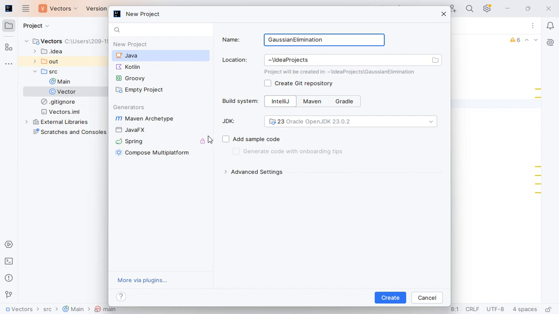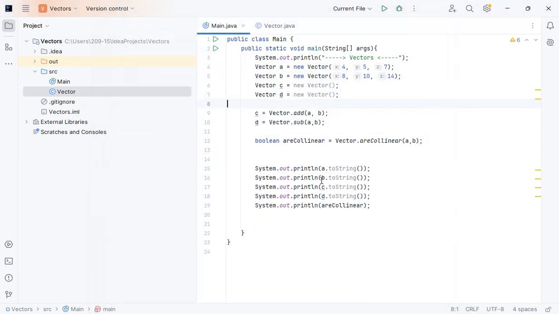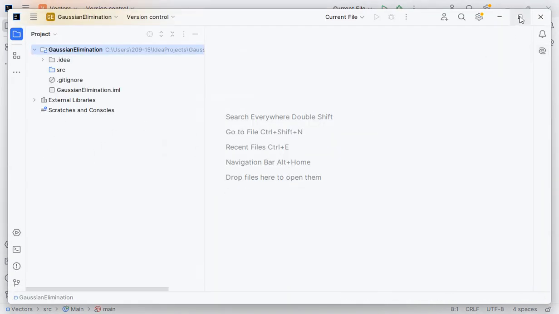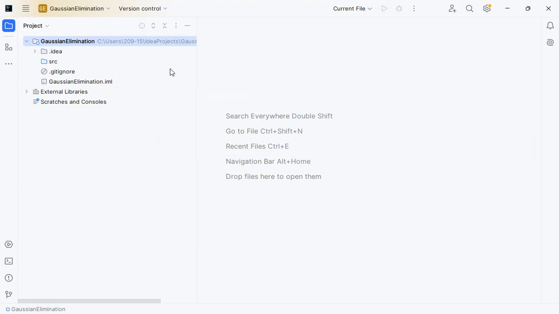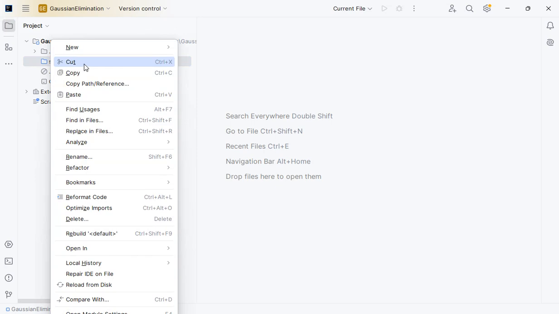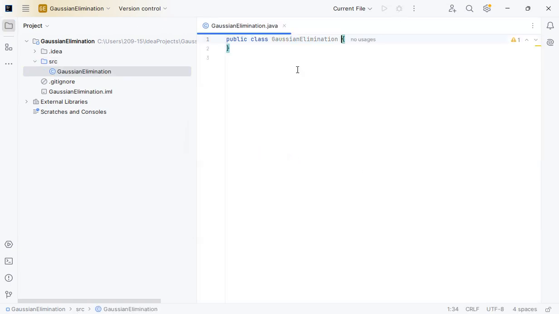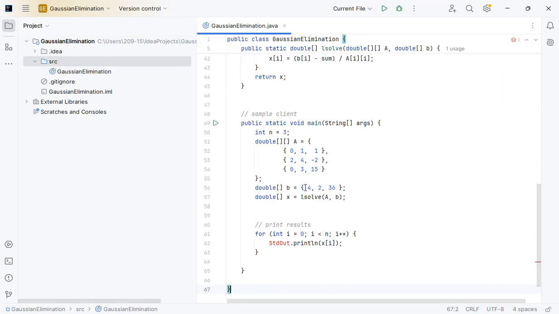And here, let us now just create the project, a new window, and we have now to create a class. Remember, the class shall be named the same way as the class inside the code, and here it was Gaussian Elimination. I will check it, and I will delete these entries and enter the code.